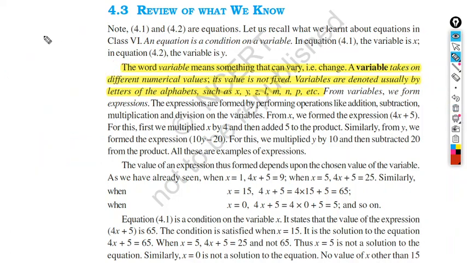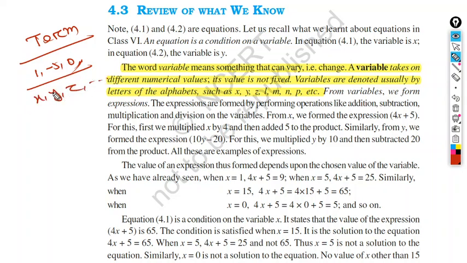Again, another one was term. So what is a term? A term can be a single number, like a constant 1, minus 5, 0. They can be terms. Variables can be terms also, like x, y, z. And a combination of number and variable can also be a term, like 1 into x, 1 into y, 2x, 3y.